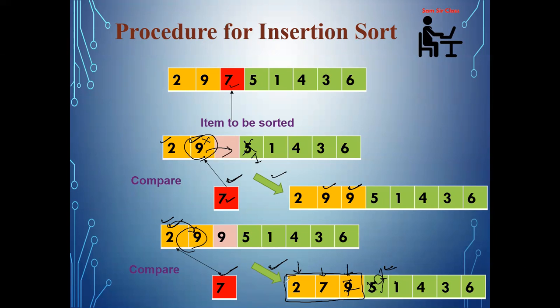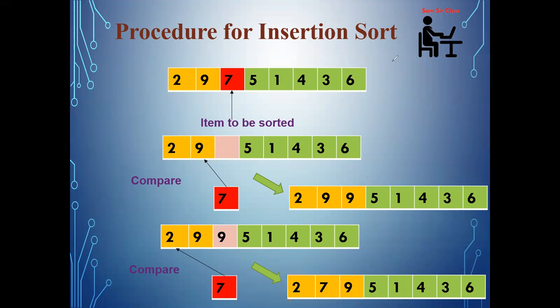Again, left hand side value is there, 1 less than or equal to 2, true, so 2 needs to be shifted 1 right. After that, no more value is present on the left hand side. My comparison gets over. And at this first index, 1 needs to be placed. Clear? This is the procedure of insertion sort.